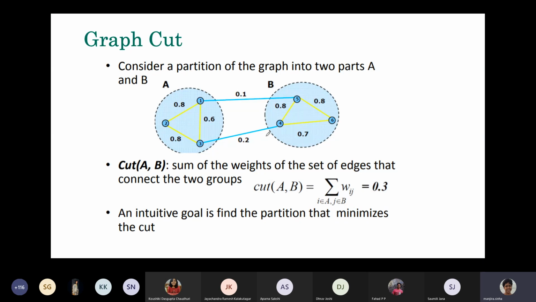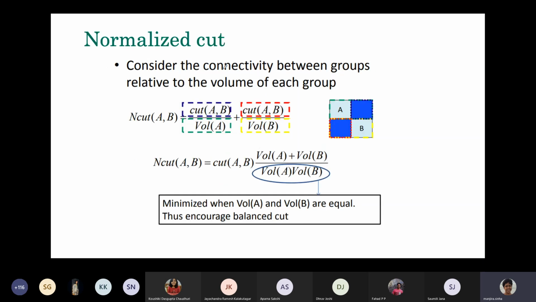So how can we normalize a sum of a set of weight values? We can normalize it by the volume of the partitions, because volume represents the total weight within a particular part. So we will consider the connectivity between the two groups relative to the volume of each group.